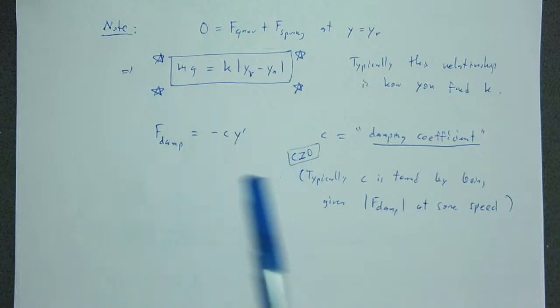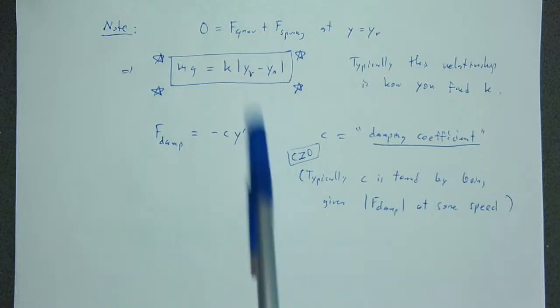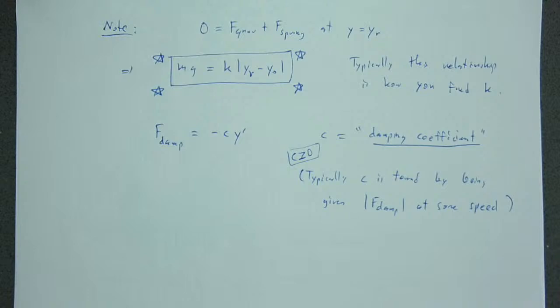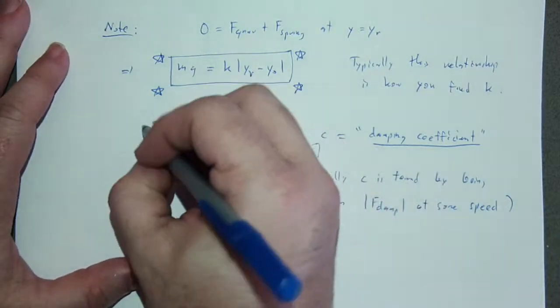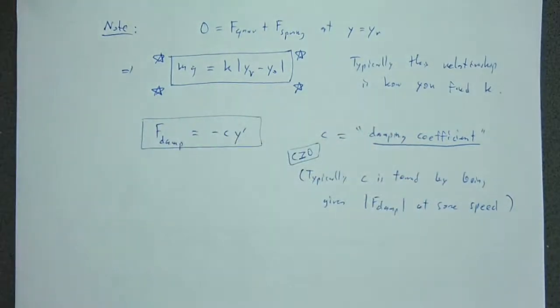So if I tell you the magnitude of the damping force and the speed, then I can tell you what c is. So that's how that goes. And this is my damping force.